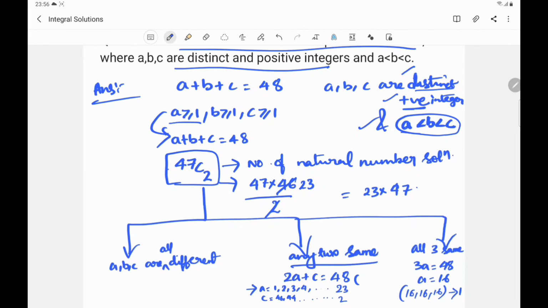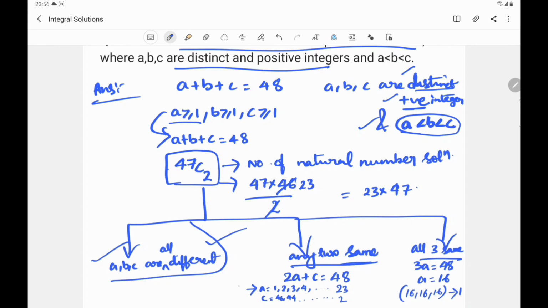So in 23 cases, say one of the cases is 1, 1, 46. We need not solve this, because this is the desired thing. From the total number of cases, we will subtract this case and this case, we will get the case in which A, B, C are distinct.